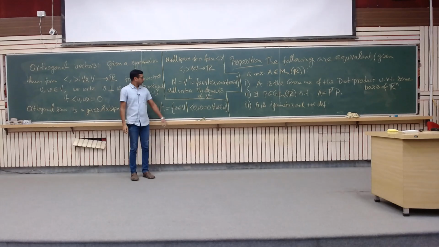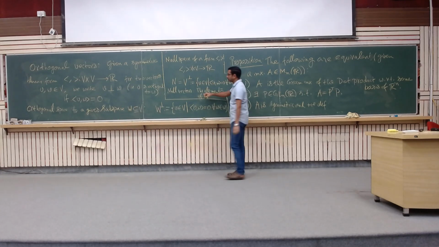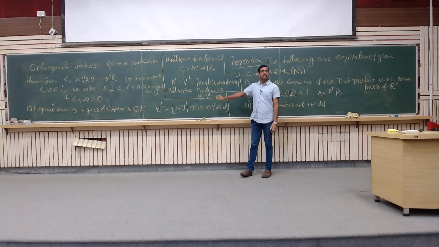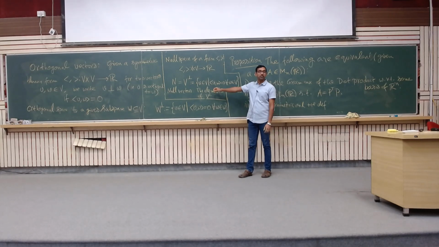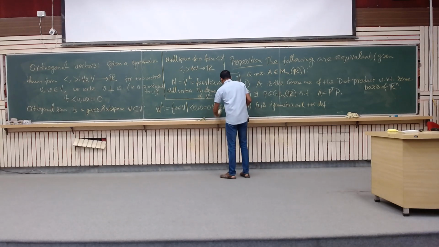So all the vectors in the null space will be called null vectors. So existence of one non-trivial null vector would mean that this is a non-trivial space, and that's the same as saying that the form is degenerate. So we define a non-degenerate form.